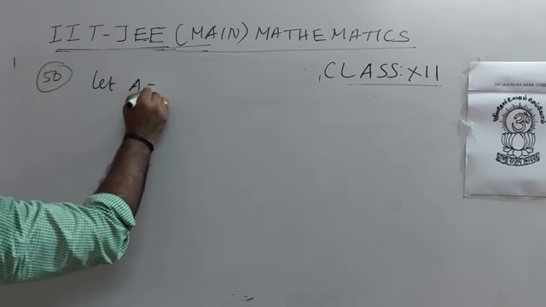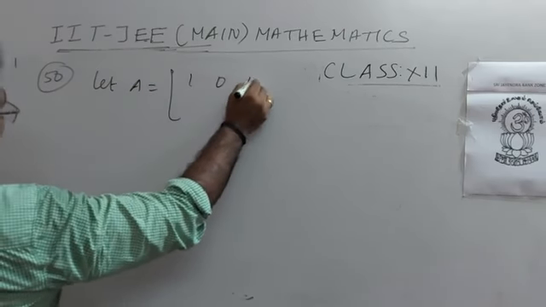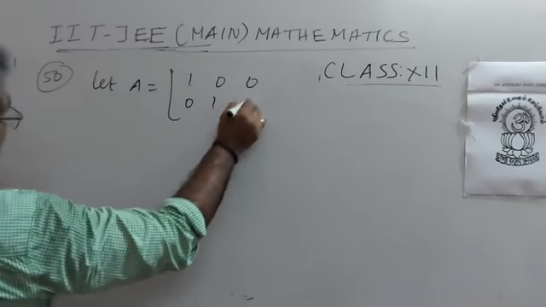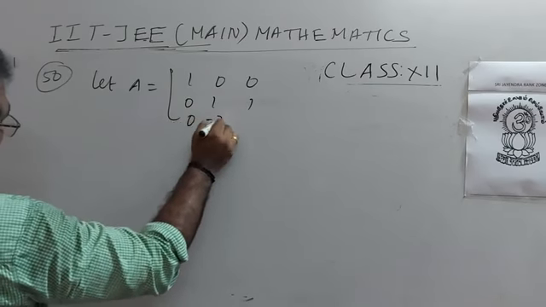Let A equal to the matrix [1 0 0; 0 1 1; 0 -2 4].